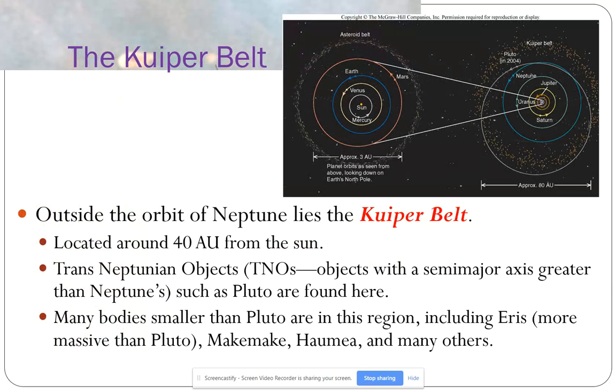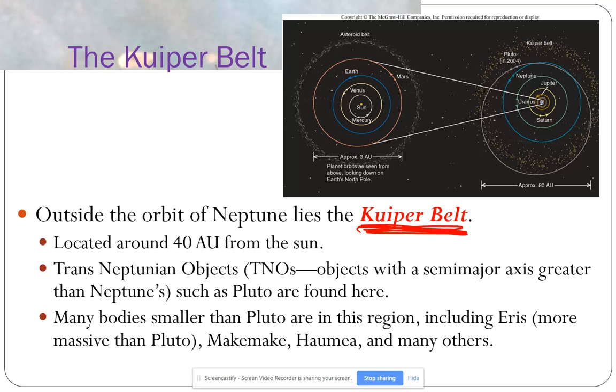Let's just go on. So, going out further than Neptune, we have this thing called the Kuiper Belt. When I started teaching astronomy, around 22 years ago, the Kuiper Belt was like, well, we're pretty sure it's there. We've got a few objects out there that we found.